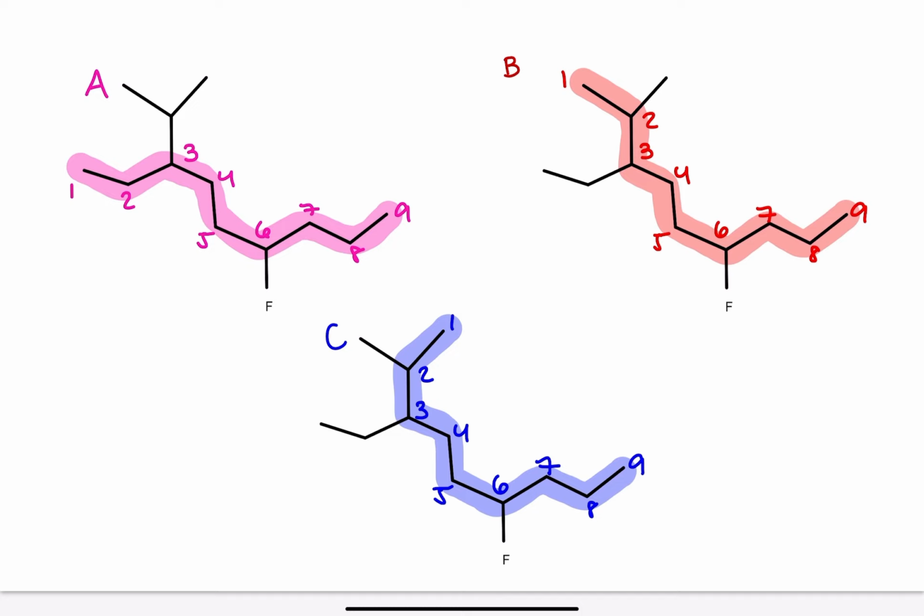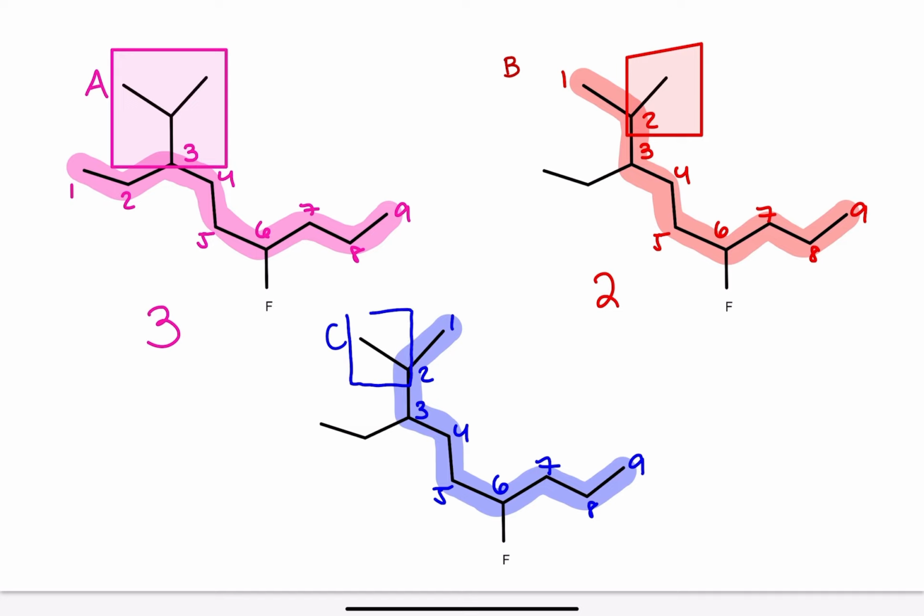Let's firstly look at path A. In path A, our nearest substituent group is this isopropyl group located on carbon 3. In path B, our nearest substituent group is a methyl group located on carbon 2. And in path C, the nearest substituent group is also a methyl group located on carbon 2.